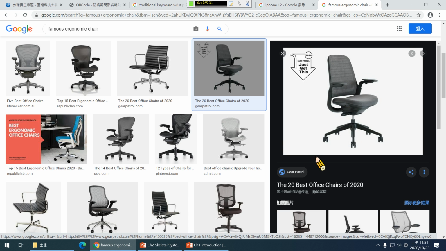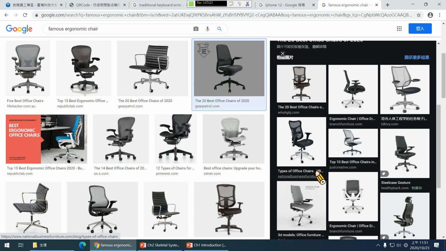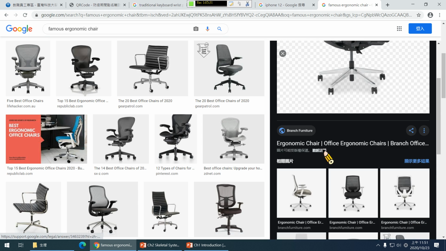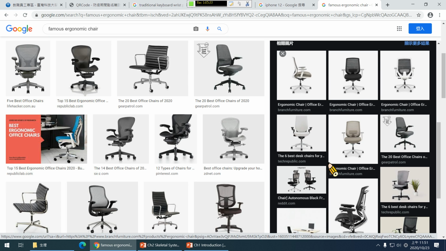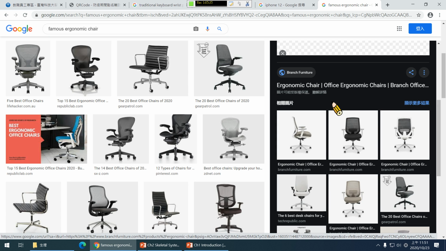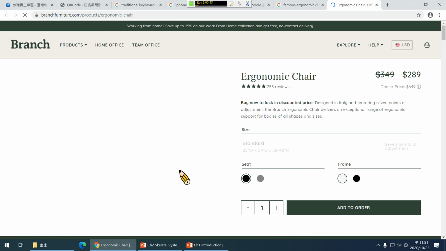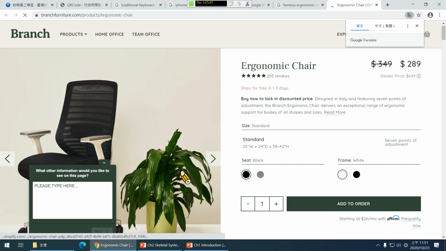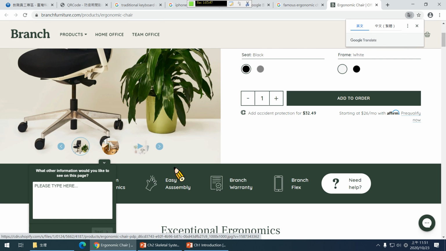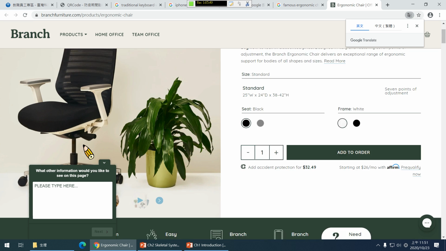The 20 best office chairs, ergonomic office chairs. These are very expensive chairs. This is still not the most famous one.